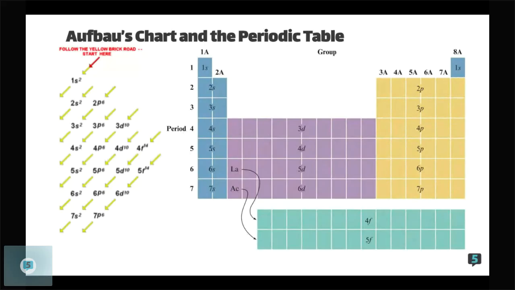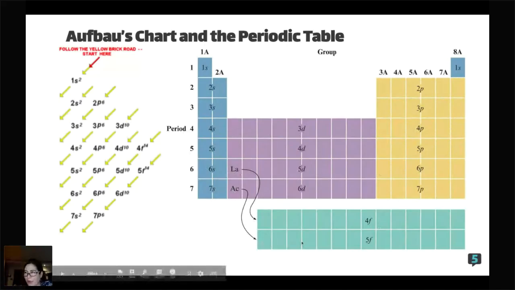We follow along the periodic table: 5s2, 4d10, 5p6, 6s2, then 4f14. Once we're done with these elements, we go back to 5d10, 6p6, 7s2, 5f14, 6d10, and 7p6. Just a quick recap of last video.